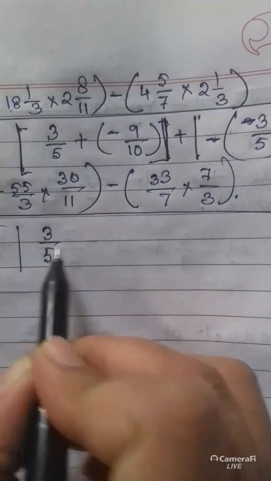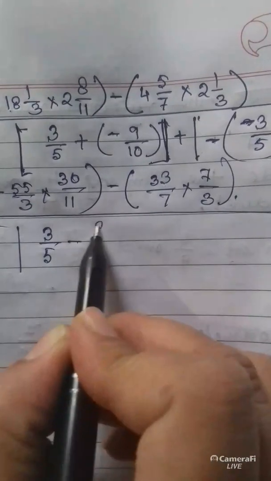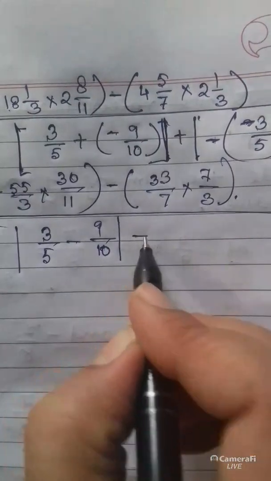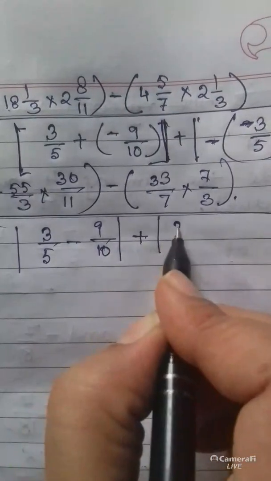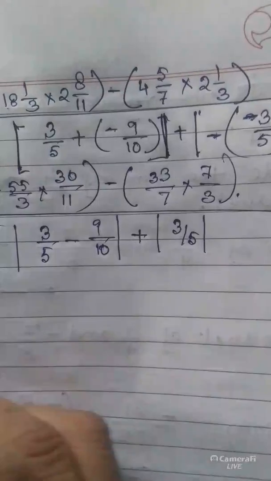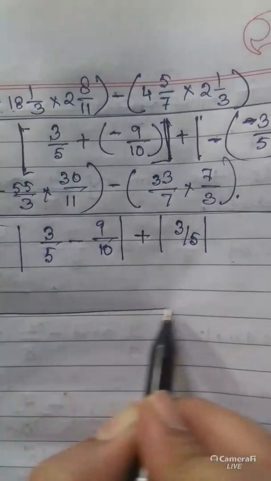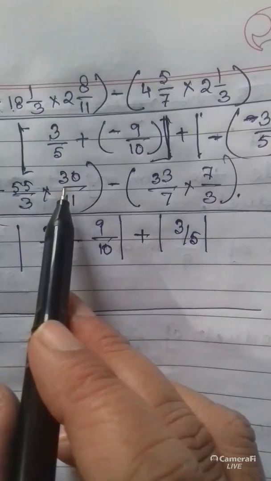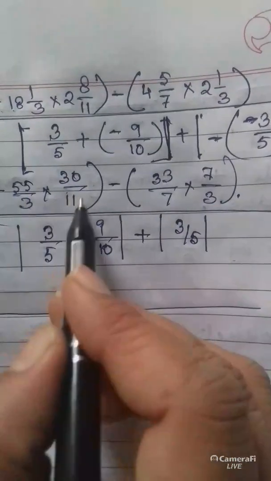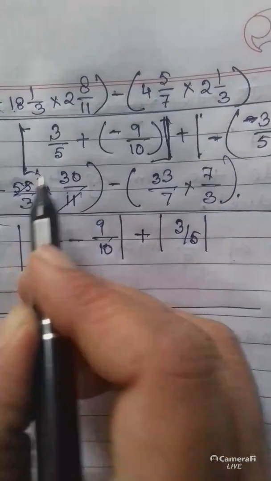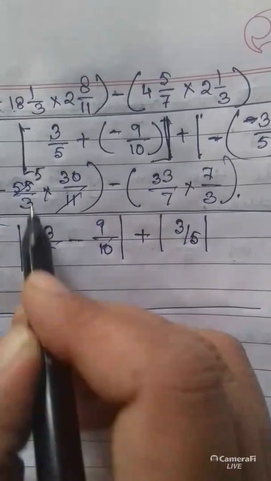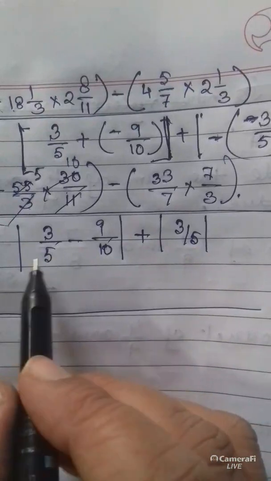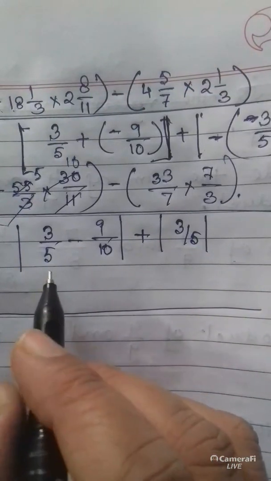Denominator: 3 by 5 plus minus 9 by 10 minus plus 3 by 5. Now 55 by 3 into 30 by 11: 11 fives are 55, 3 tens are 30. So minus 50.